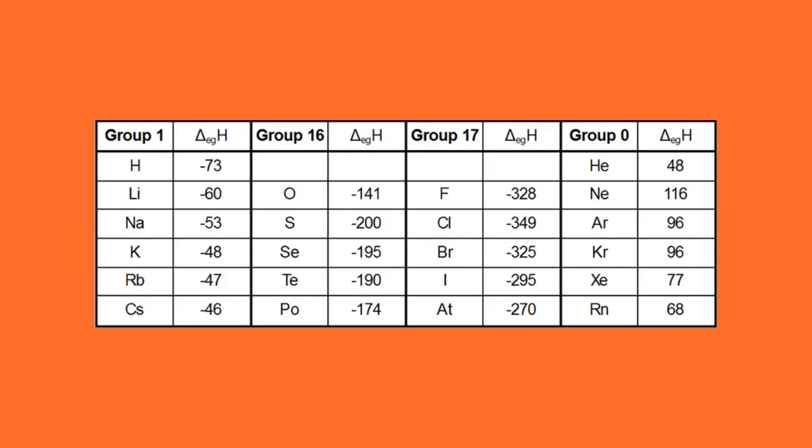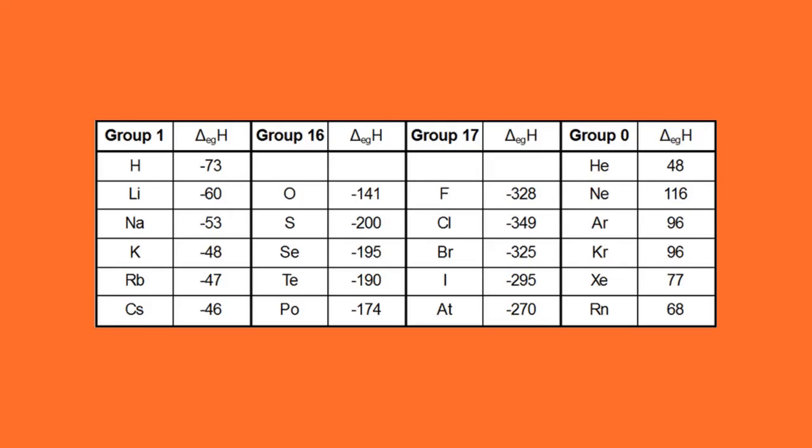This is the same thing that happened with ionization enthalpy. Ionization enthalpy of beryllium and nitrogen was higher than the adjacent element. Similarly, the electron gain enthalpy for these elements is almost zero because of their half-filled and completely filled orbitals.